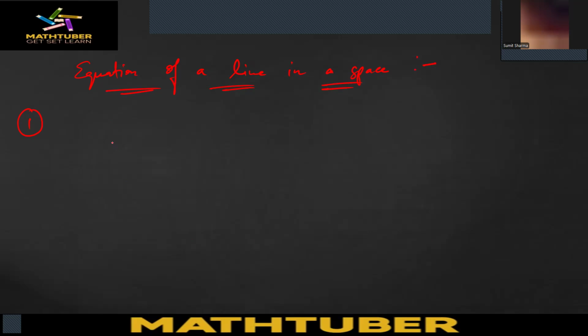So we have, if a line passes through a point and parallel to a given vector.